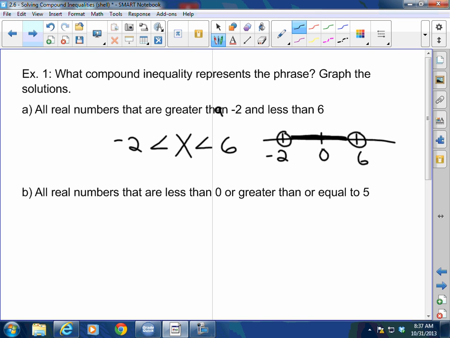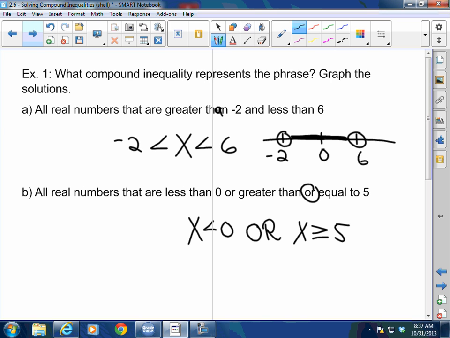Okay. How about all real numbers that are less than 0 or greater than or equal to 5. Well, in this case, it's an or. So all real numbers that are less than 0. X is less than 0 or X is greater than or equal to 5.